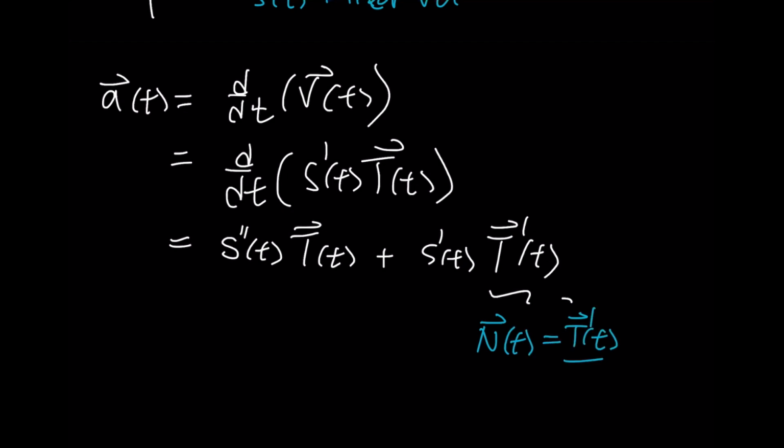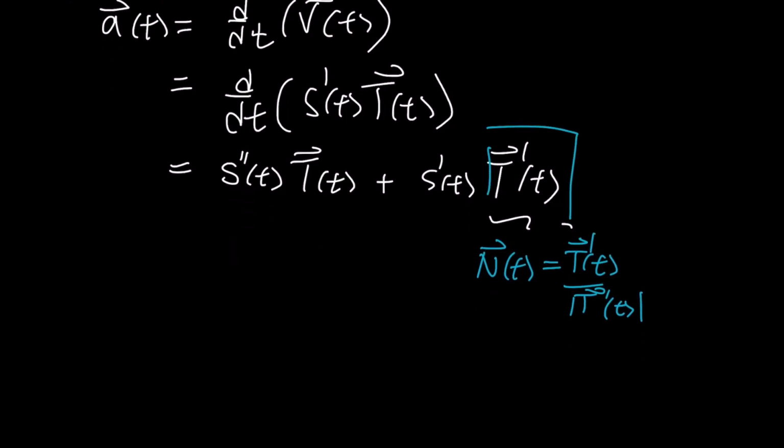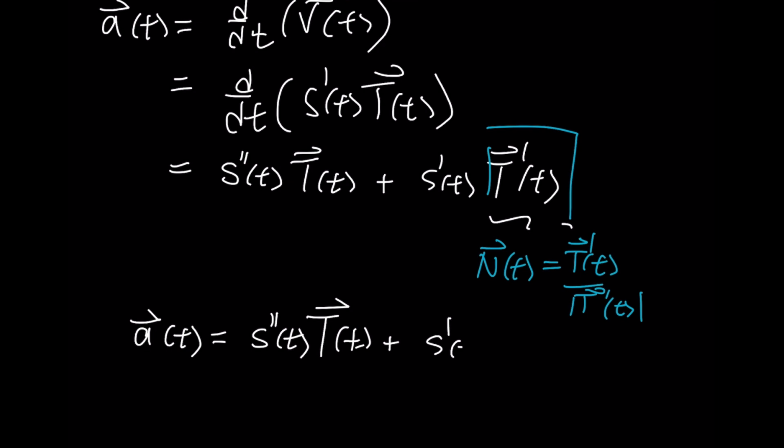And because of that, we can reorganize this expression. So acceleration is going to have an s double prime of t in this unit tangent direction, plus I will now have an s prime of t magnitude of the unit tangent vector in the normal direction.